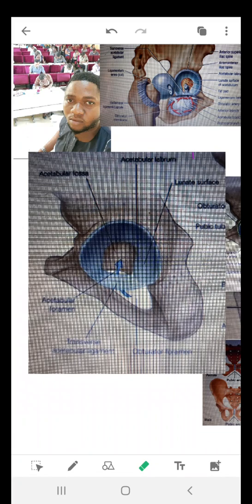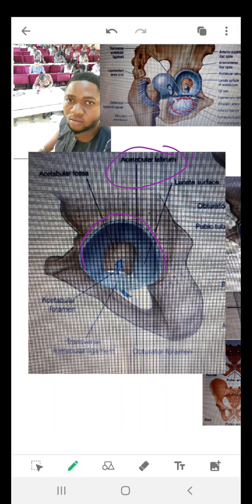The acetabulum has features, and one of them, on the outer area of the acetabulum, is the acetabular labrum. Let's make use of this labeling here.